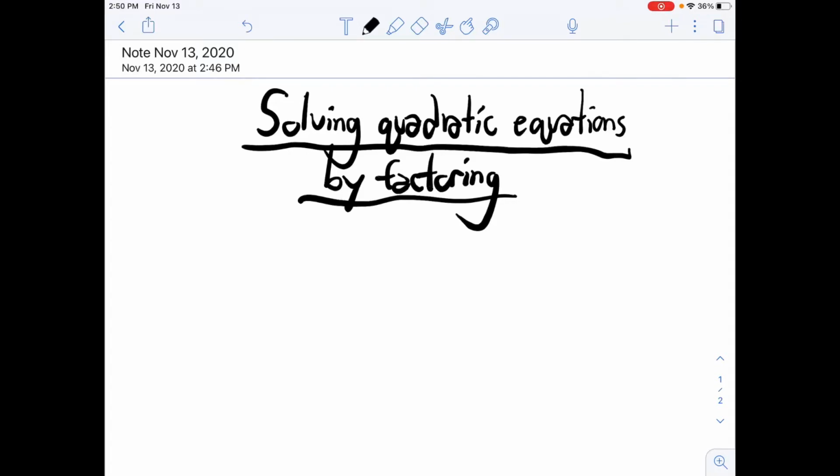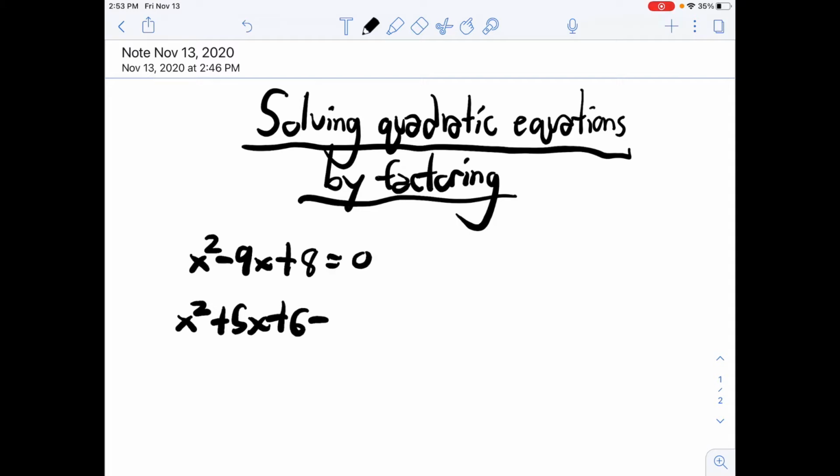Today I'm going to talk about solving quadratic equations by factoring. These are examples of quadratic equations. If you notice carefully, the first term on each equation has a degree of 2.